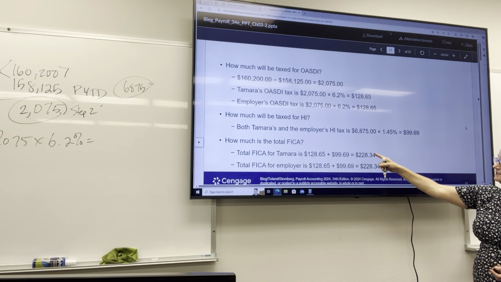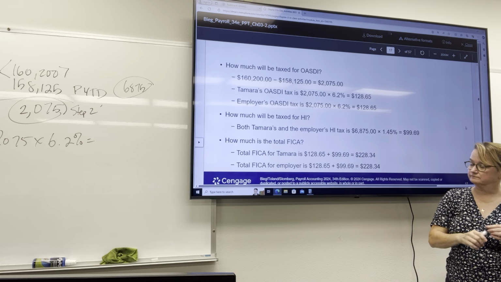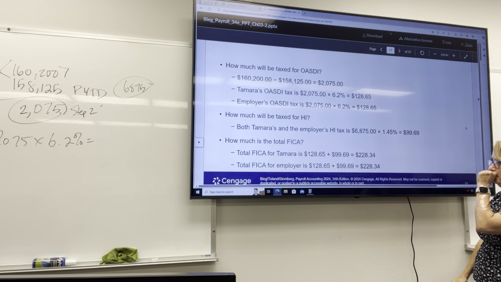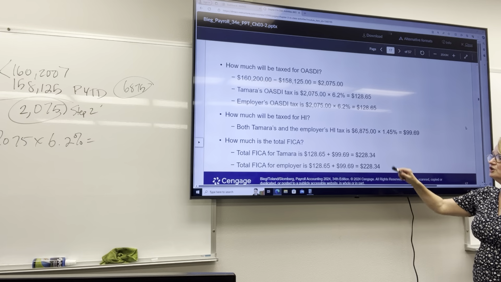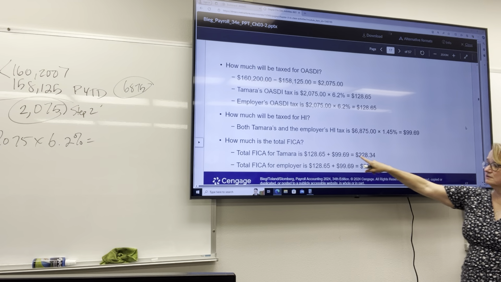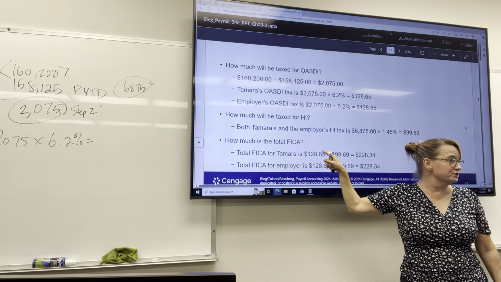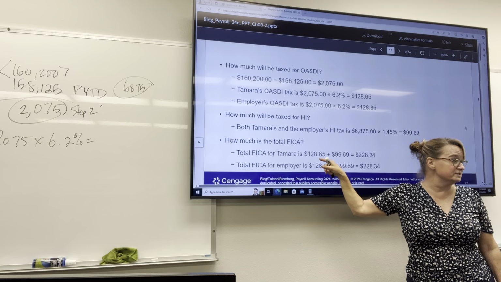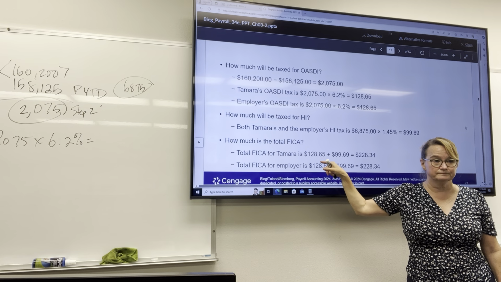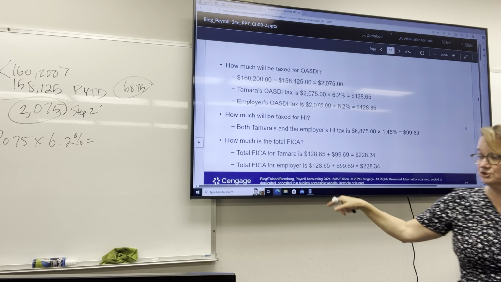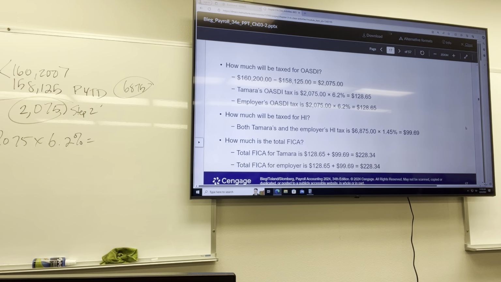And then the employer is going to pay the same amount. Notice that for the employer, their OASDI liability also ends when that employee reaches $160,200. They don't have to pay any additional tax either after that point.